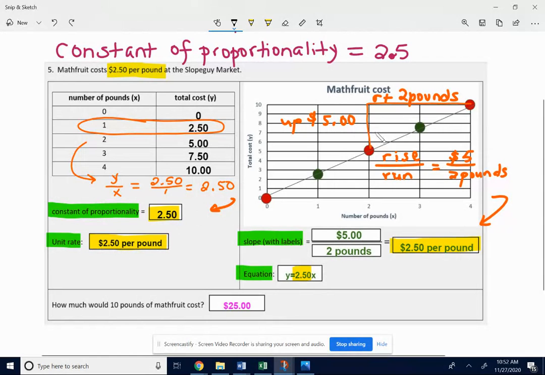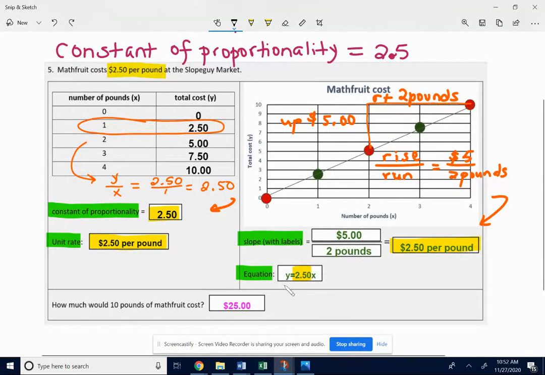My constant of proportionality is going to be the same thing as the slope, because I went up $5 over 2 pounds. When I took rise divided by run, I got 2.50 per pound. Okay, that constant of proportionality is the number in my equation. It's in front of my x.